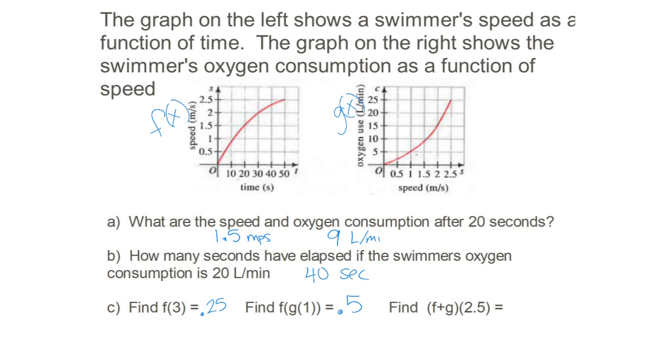And so I would just get there's a 2.5 plus a 25, let's say. Actually, I feel like I should probably have said, since f of 3 was 0.25, maybe f of 2.5 is only like a 0.2. So 0.2 plus 25 is 25.2. Okay, just some ways of how you do those combination functions with graphs.